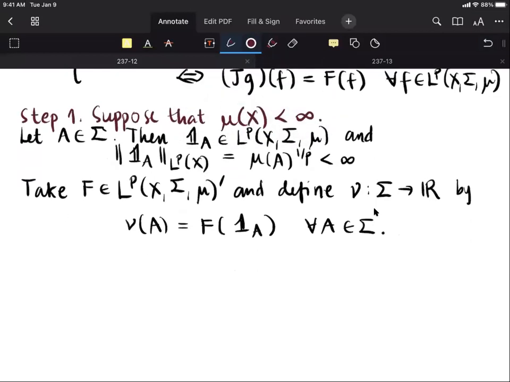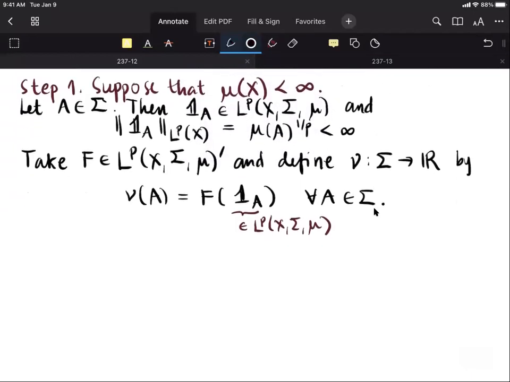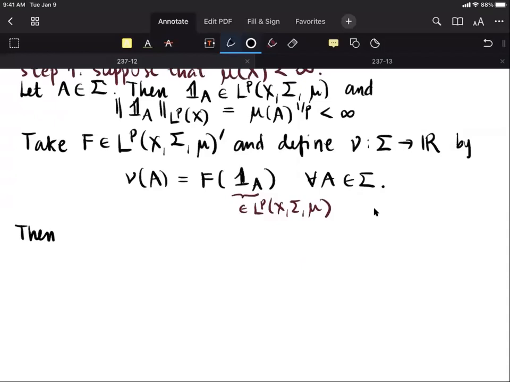Take note that this is meaningful, I mean, the right-hand side is meaningful since this is in L^p. Then nu is a signed measure. So the difference between a signed measure and a measure is basically just the values. For a measure, you should have a non-negative value. For a signed measure, you can allow negative values.